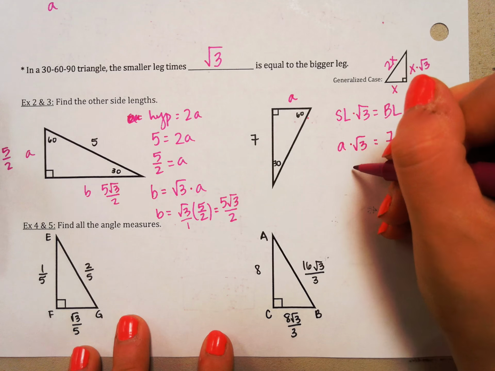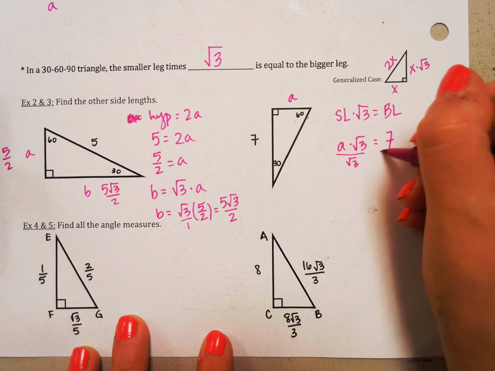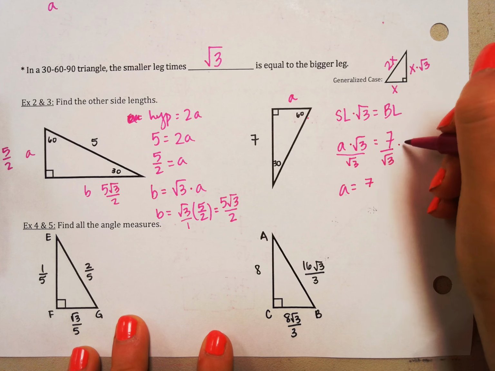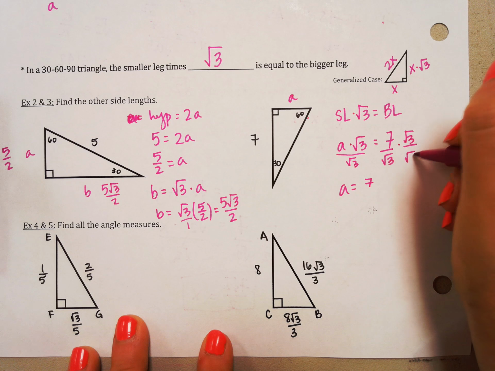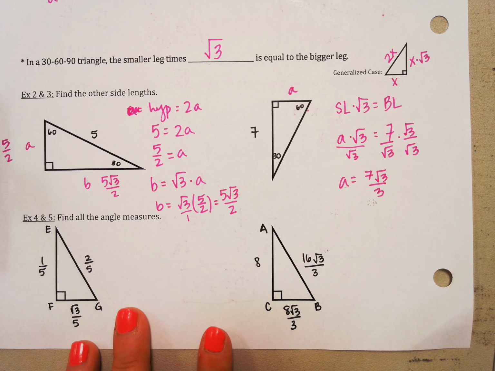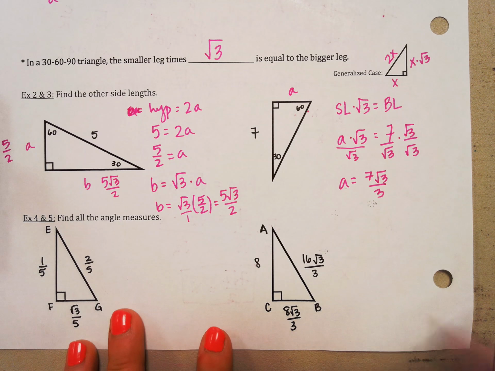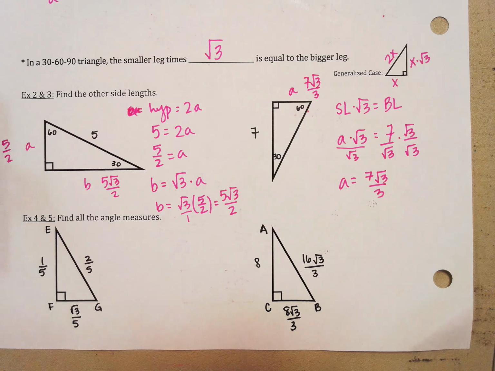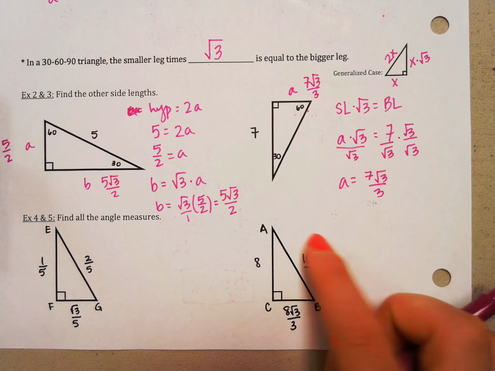So I have A times root 3. To solve for A, just like on the front, we have to divide both sides by root 3, and then we'll have to rationalize. So we should get 7 root 3 over 3 as my shorter leg A. Once you have the shorter leg, that's the key factor, because then you can find all the other ones.